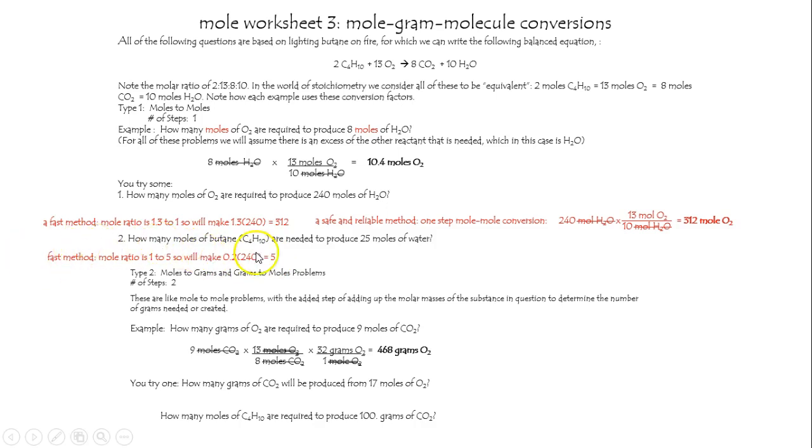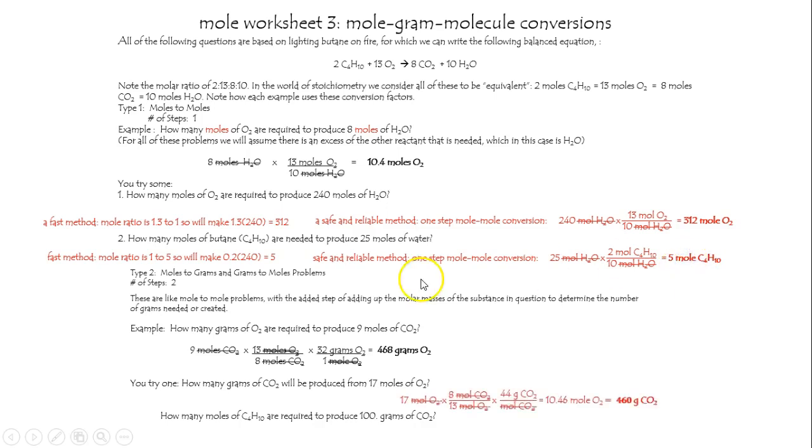If you see that already, good for you. If you don't, do it the stepwise, reliable method. 25 moles of water produced, where every 10 moles of water that are produced require 2 moles of butane. Notice the mathematical cancellations. And we will require 5 moles of butane for the reaction.